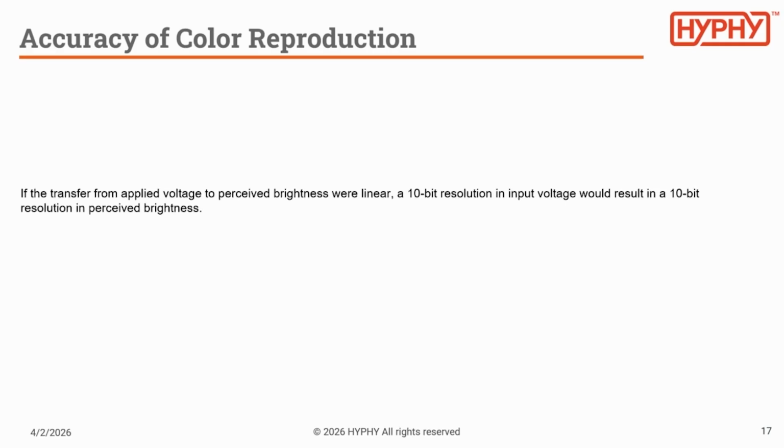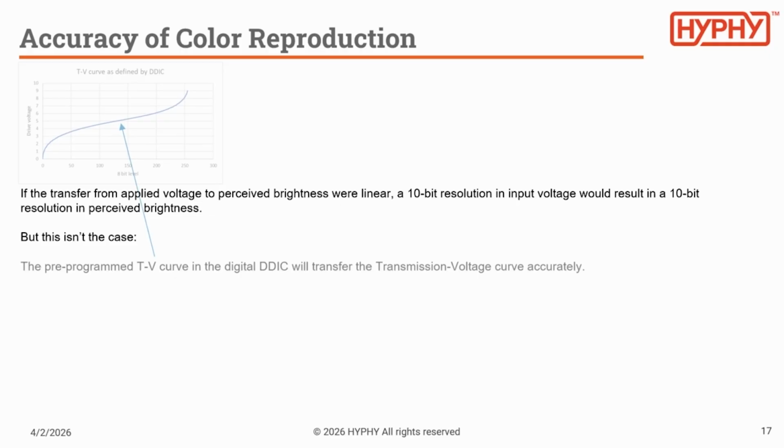Now, as a consequence, if the color reproduction would be a straight 10 bits to 10 bits array, then 10 bits would probably be enough to display colors, but it isn't. So the TV curve I just mentioned is not a straight line, but it's slightly varied. But in the classic display driver, this is handled by the physical D2A converter, which has typically something like a correct 8-bit correction, and it's more or less accurate.